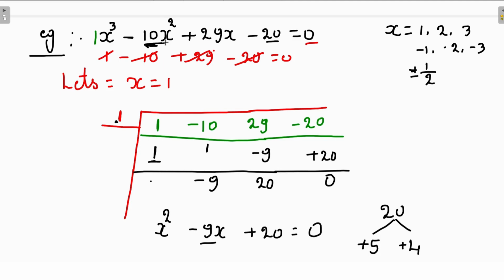But instead of doing it like this, I am explaining another way, because this takes time. What is the problem in this method? Most of the time they will give a question like this.